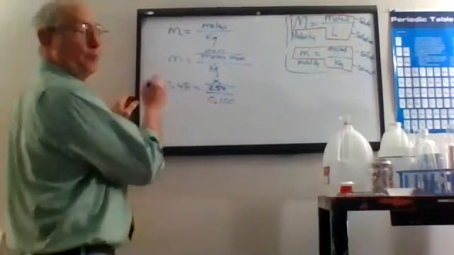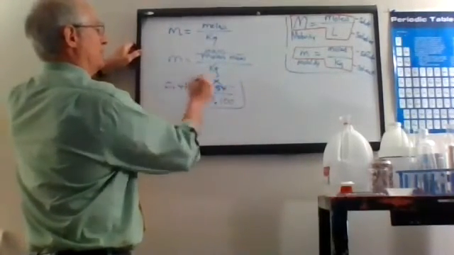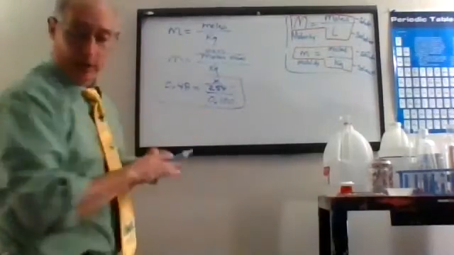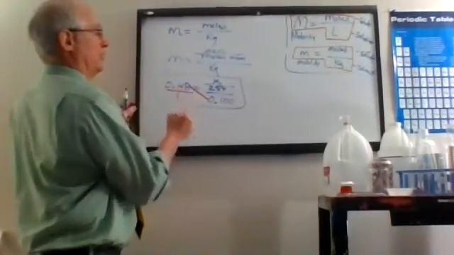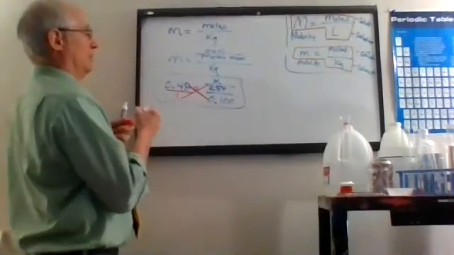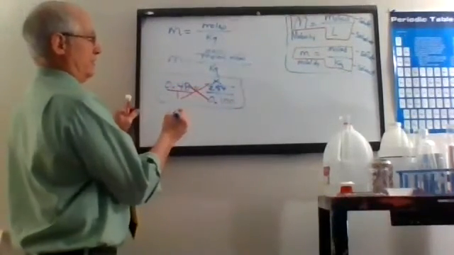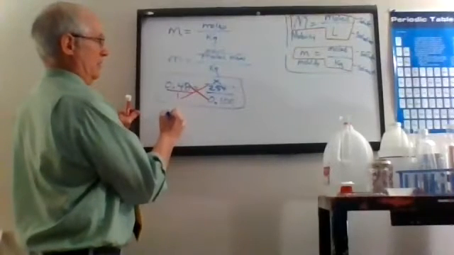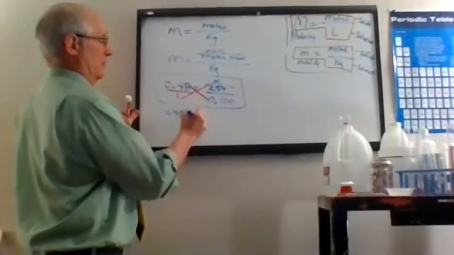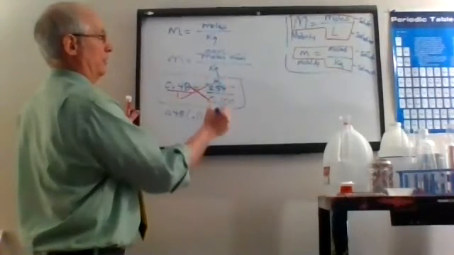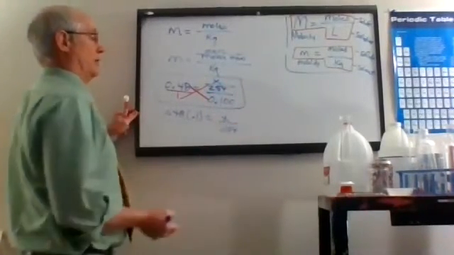So what are we going to do? We're going to cross multiply. Here's my equation right there. We're going to cross multiply like this. There's an invisible 1 there. And we're going to get 0.48 times 1/10 is equal to x over 254 times 1.